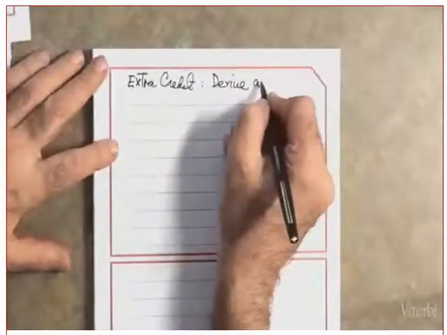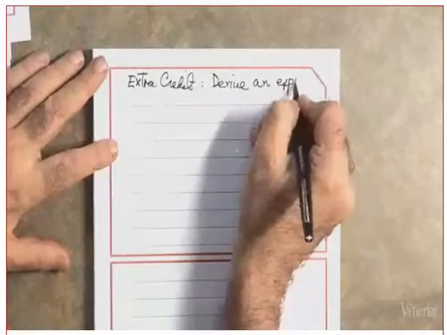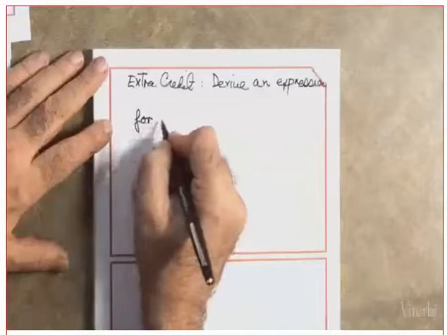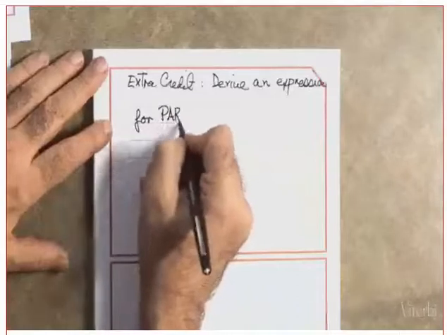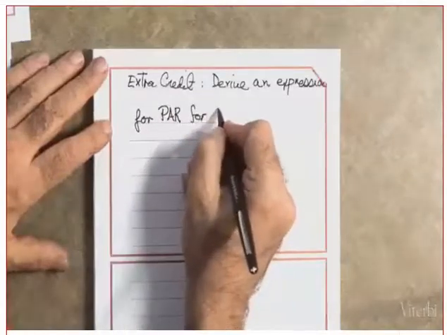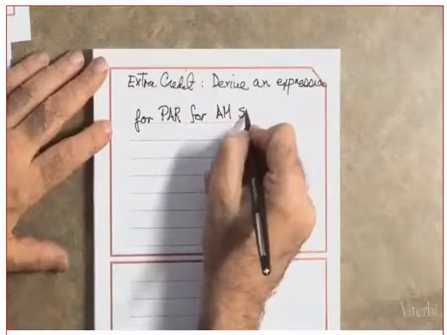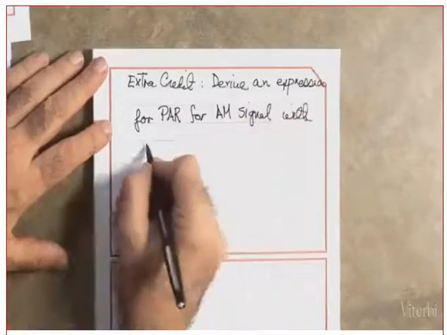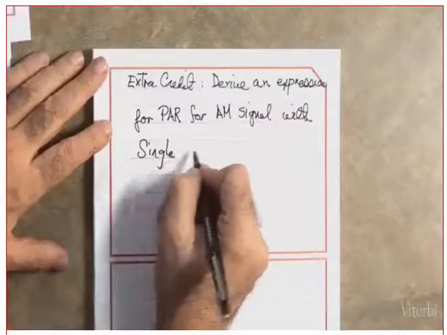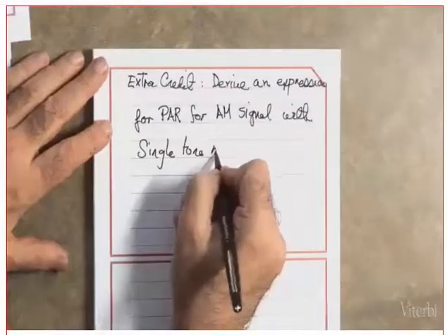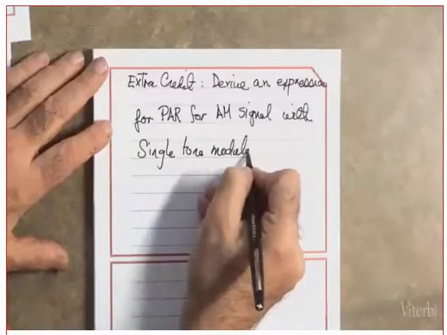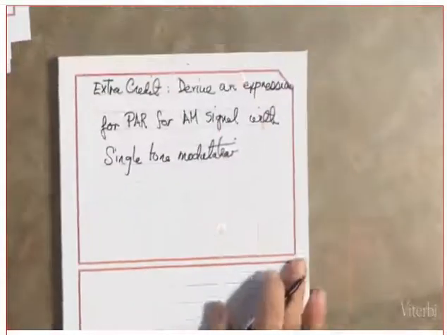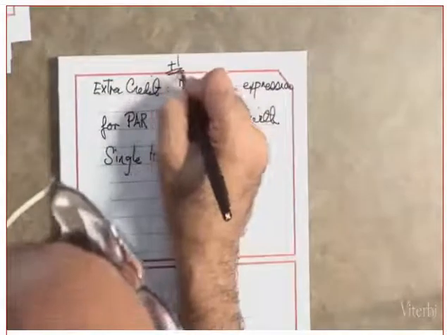Derive an expression for power for the AM signal with single tone modulation, and plus 1 point.